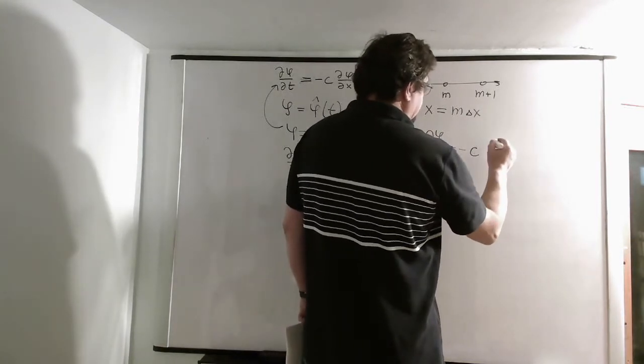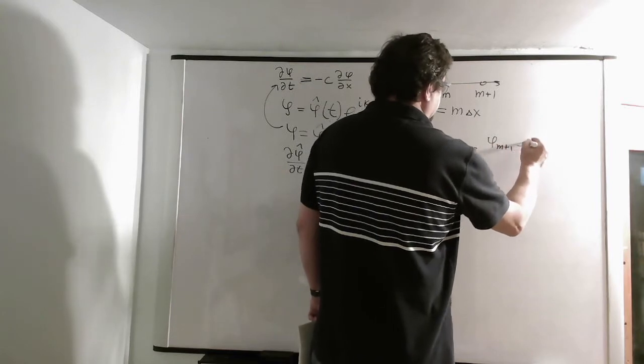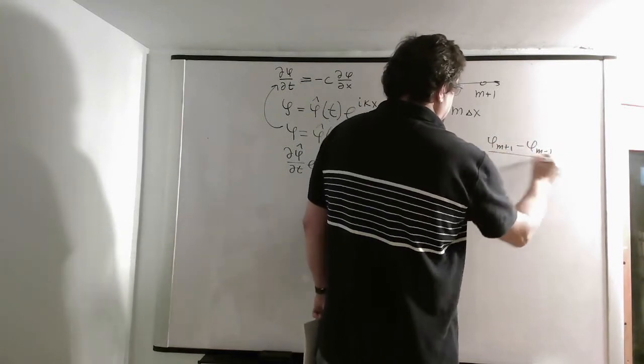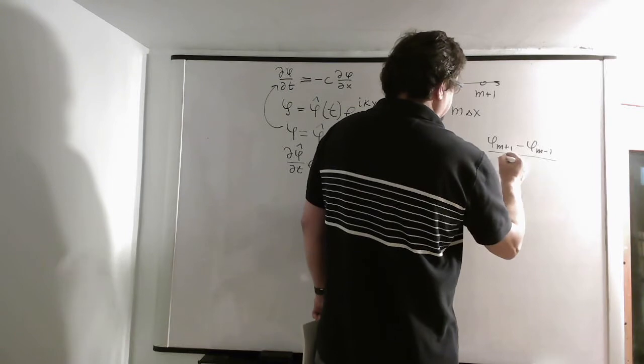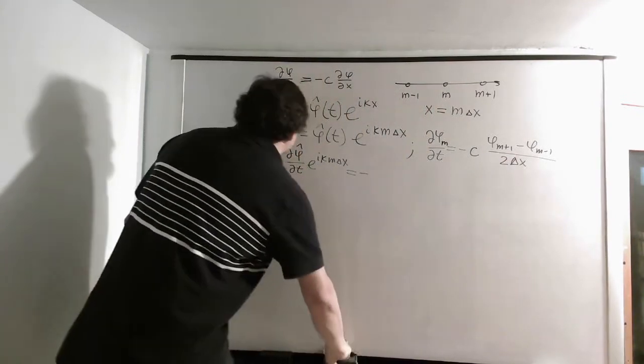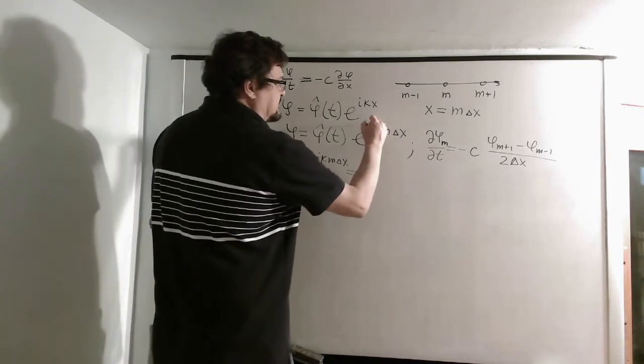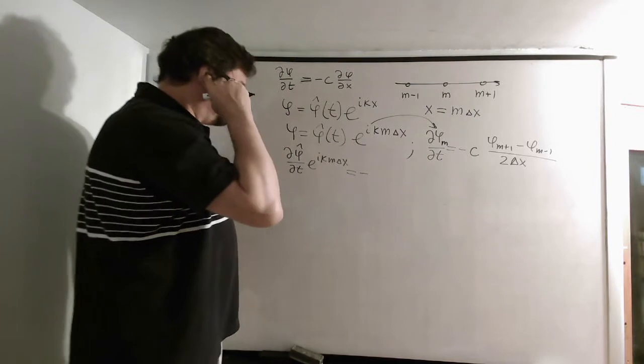So it's minus c, phi m plus 1 minus phi m minus 1 divided by 2 delta x. So we actually substitute not in here, we substitute this guy to here.